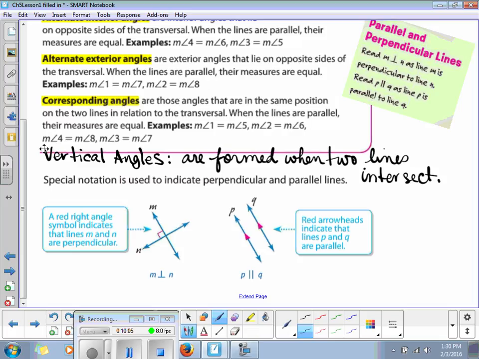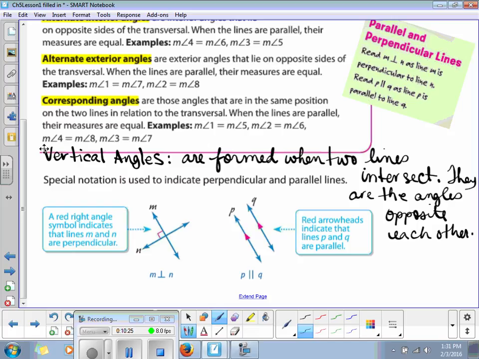They are the angles opposite each other, and they are congruent.